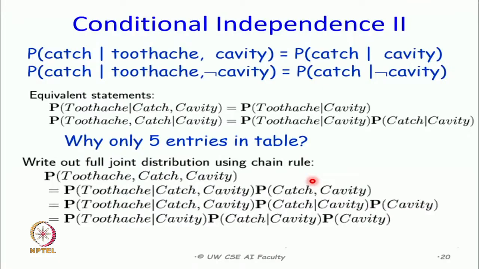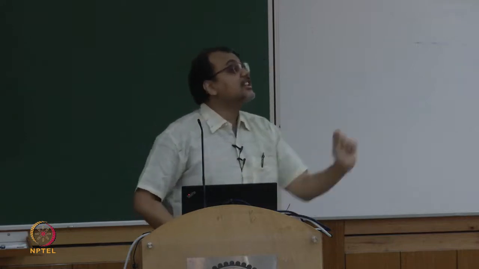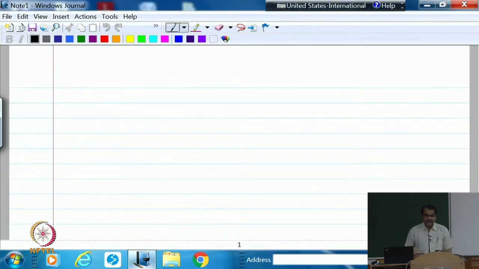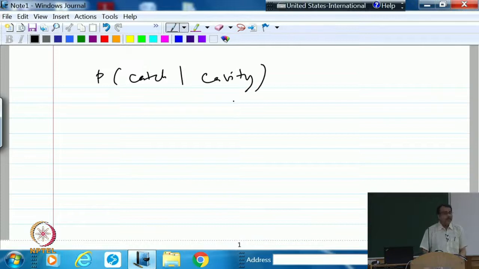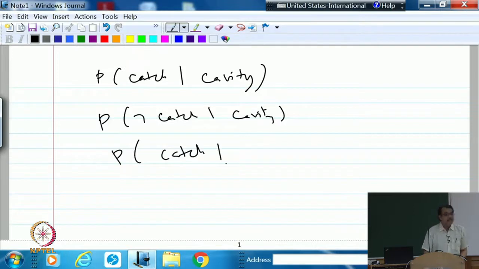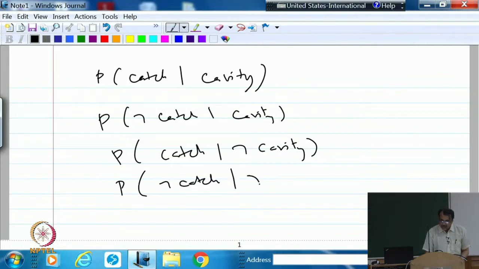Everybody with me? Now how many parameters, and this is an important question, how many parameters do I need to represent probability of catch given cavity? Now what are the possibilities? One possibility is catch given cavity, one possibility is not catch given cavity, one possibility is catch given not cavity, one possibility is not catch given not cavity.